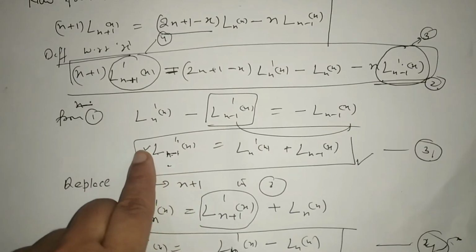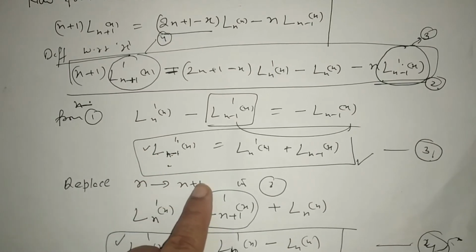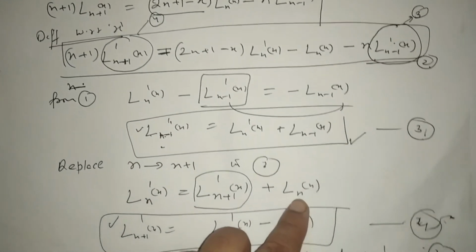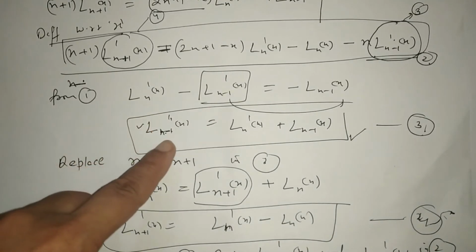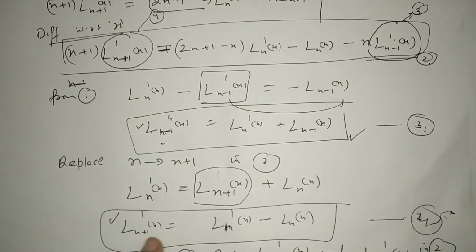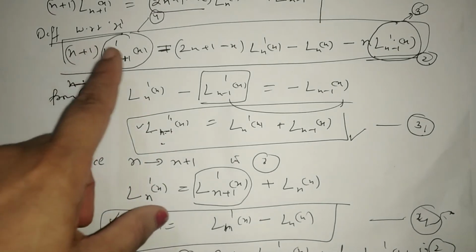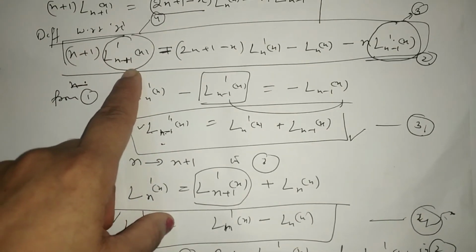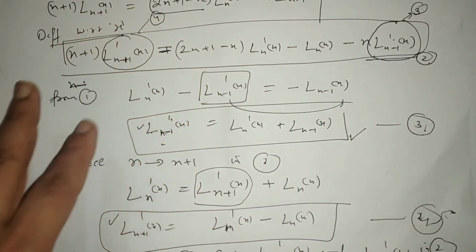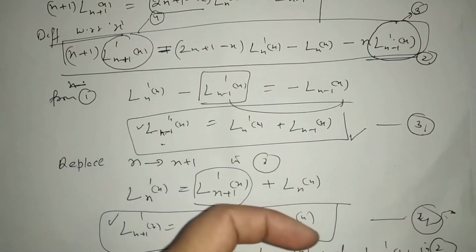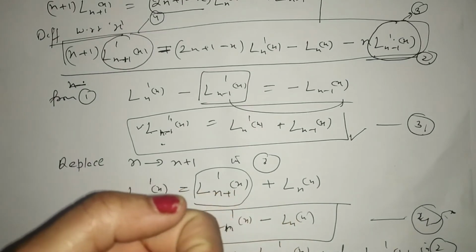Now in number 3, if we change n to n plus 1, we get this and we name it as number 4. Now we have to put these two values, l n minus 1 dash and l n plus 1 dash, in number 2, the result we obtained by differentiating the recurrence relation 1. Just putting it here and collecting the like terms will give us the recurrence relation 2.